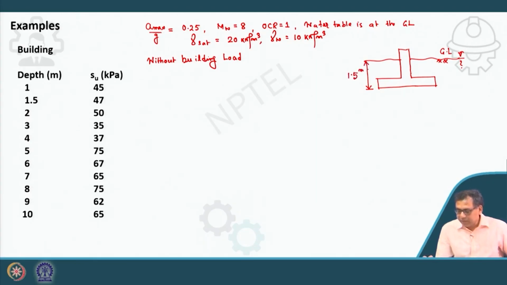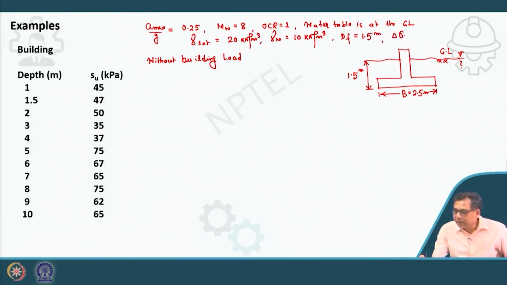That's why one data point is taken at 1.5 meter depth. This is a square footing whose B value is 2.5 meter. So DF, the depth of foundation, is 1.5 meter.